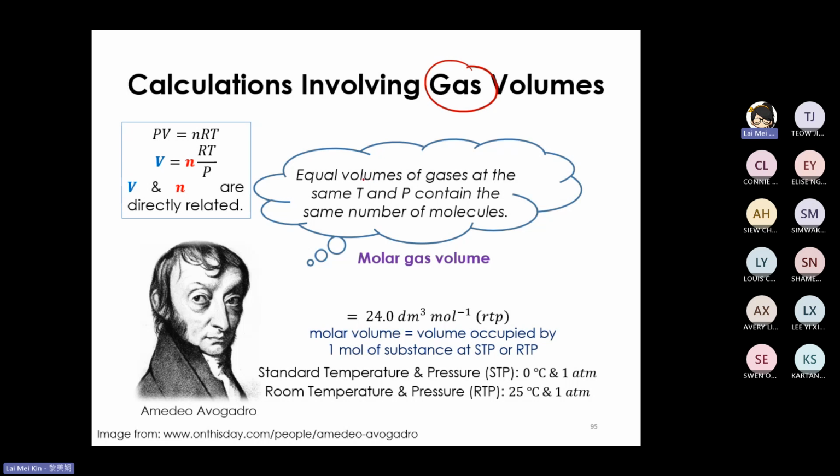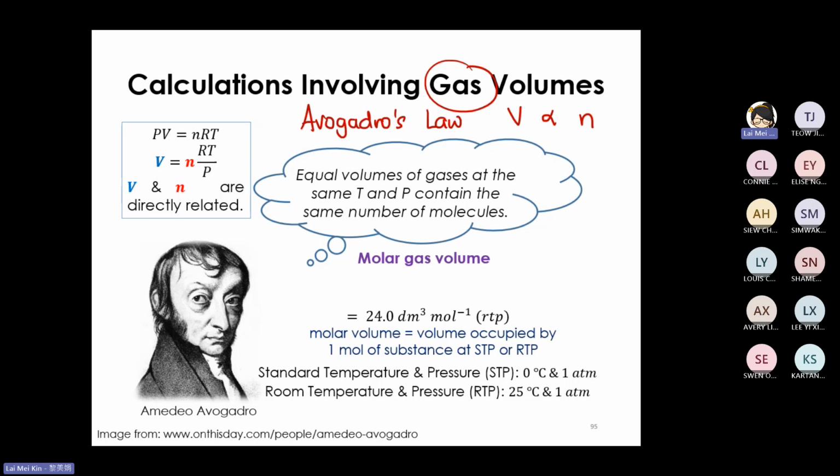So the first law that we are going to learn is called Avogadro's law. Avogadro's law says that volume, anyone know what this symbol is? Very good, directly proportional. Volume V is directly proportional to number of mole.